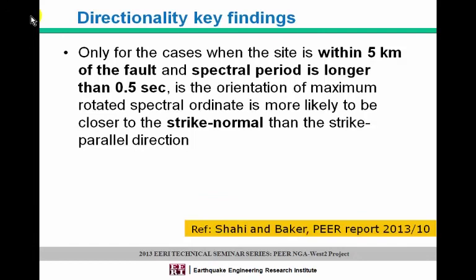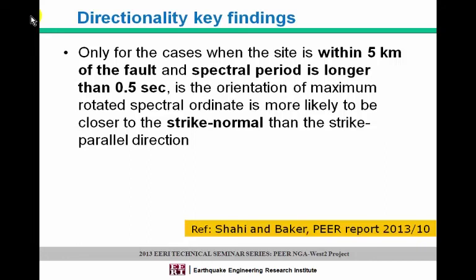and a very interesting, well-focused report is out. One key conclusion is this: if you are within 5 kilometers from the fault, very close to the fault, and you are interested in 0.5 seconds and longer, then fault normal really is the direction of maximum component. If you go beyond 5 kilometers, 10 kilometers, 20 kilometers, for the maximum rotated motion, the angle is really random.